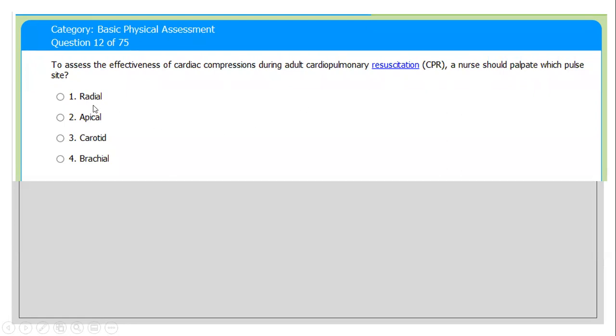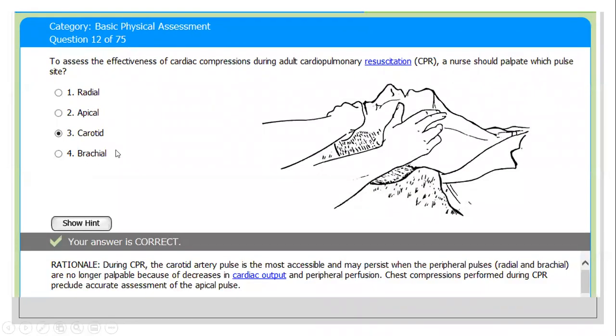So radial, apical, carotid, or brachial? The correct answer is carotid. In this picture, we can see the chin is a little bit up, and we feel the midpoint of the sternocleidomastoid muscle at the middle border, for pulsation of the carotid arteries.